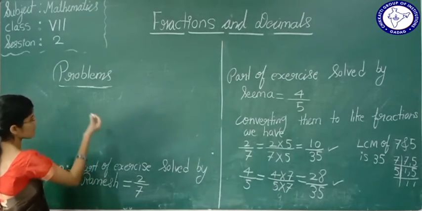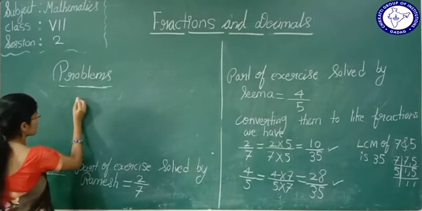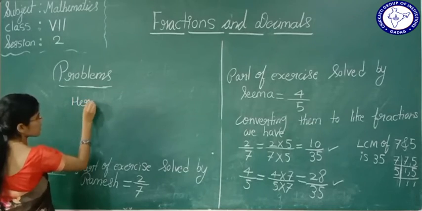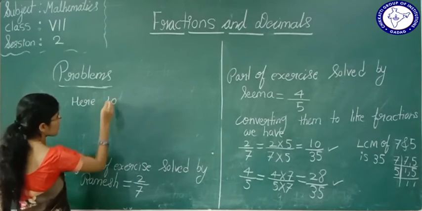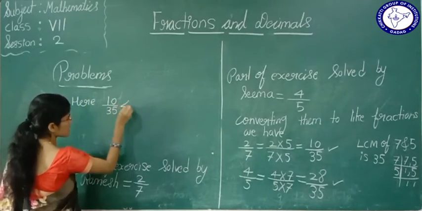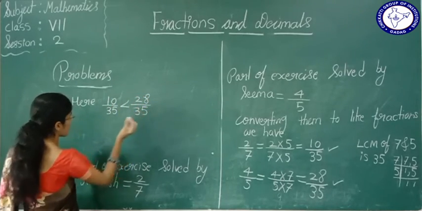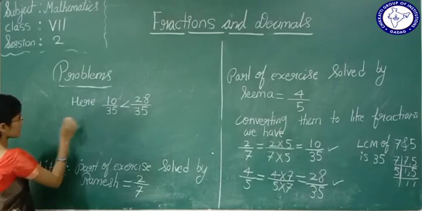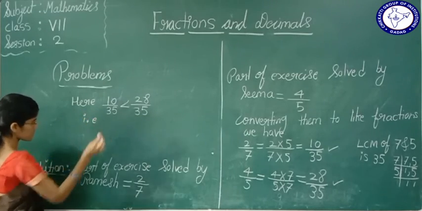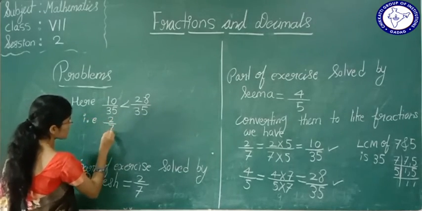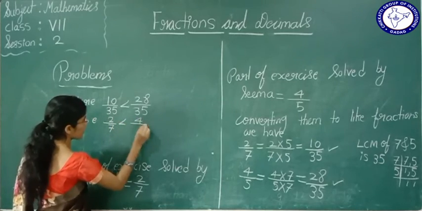So what can we write here? 10 by 35 is lesser than 28 by 35. That is, 2 by 7 is less than 4 by 5.